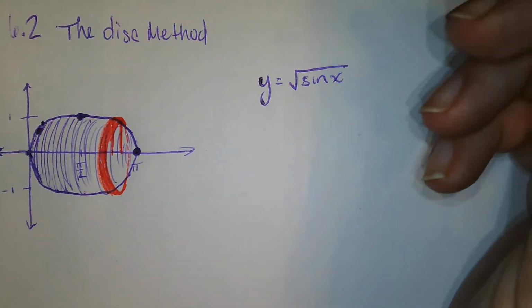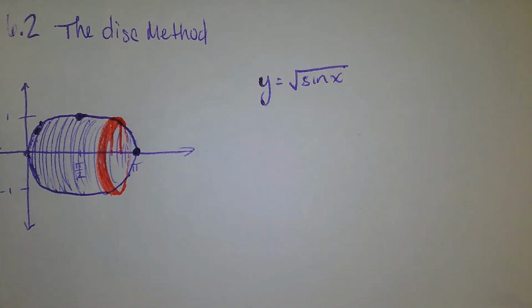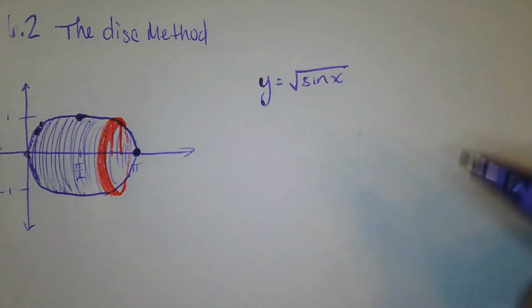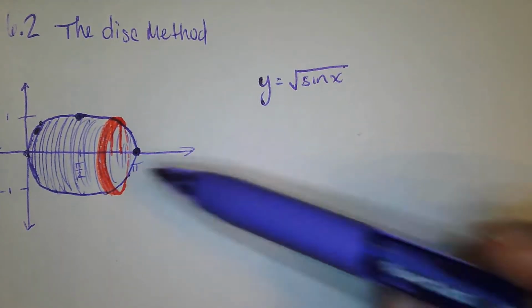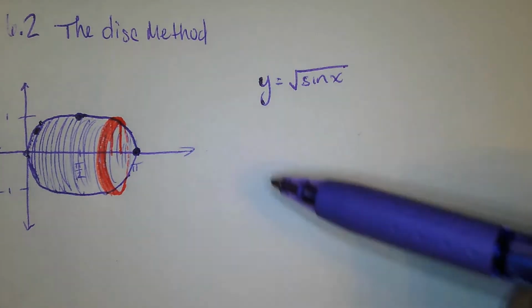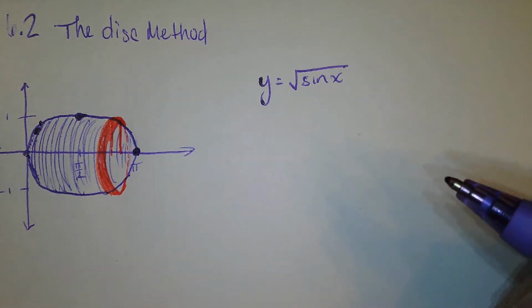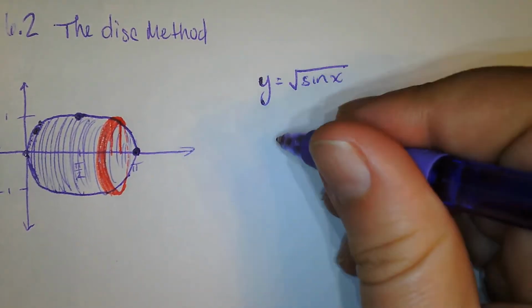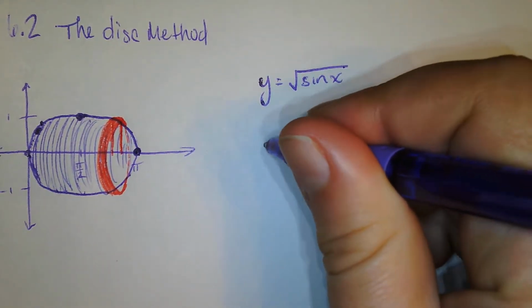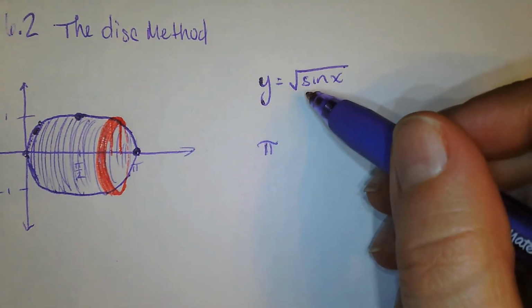So when we look at this, the volume of a cylinder is the area of the flat face, pi r squared because it's a circle, times the height. So we're getting pi r squared.